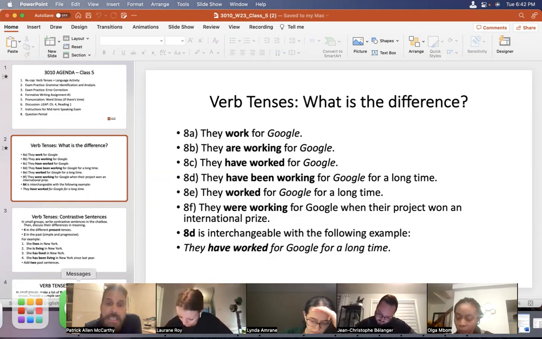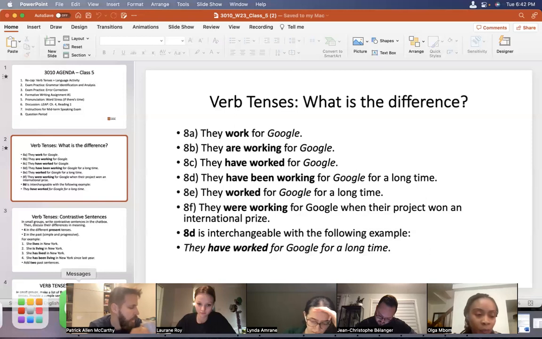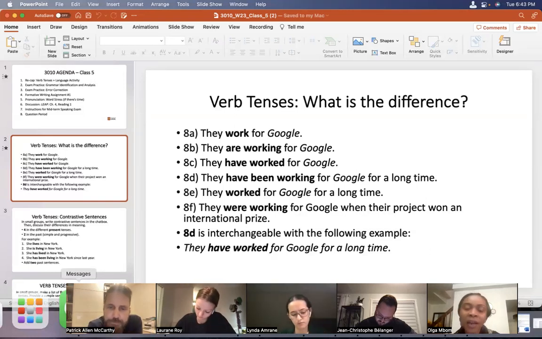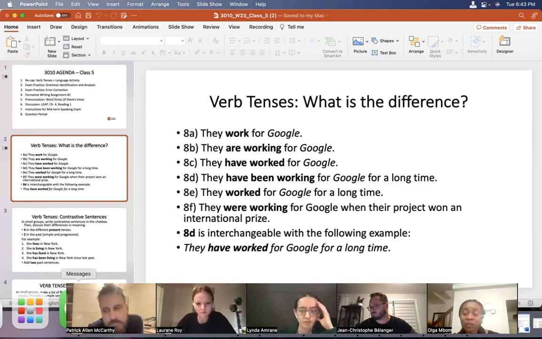Now, D, they have been working for Google for a long time. Olga, what does that mean? It means that they used to work for Google and they're still working for Google.